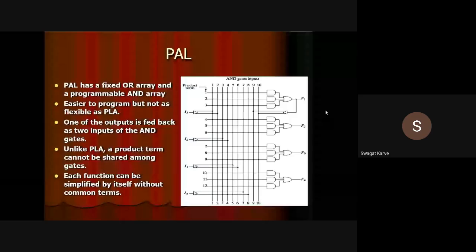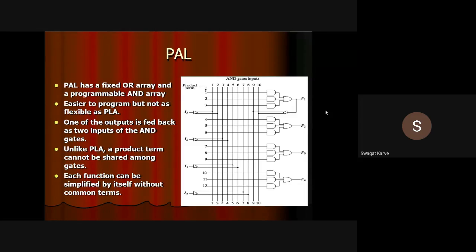Why? Because PLA has both arrays programmable, पण PAL मध्ये फक्त AND array programmable आहे. The OR array is fixed. Okay, so this is about the typical structure of PAL, that is programmable array logic.